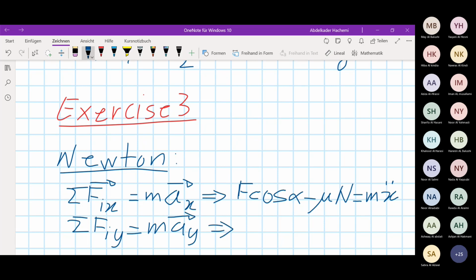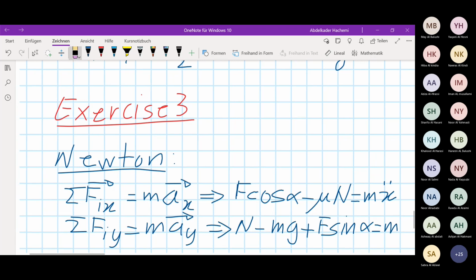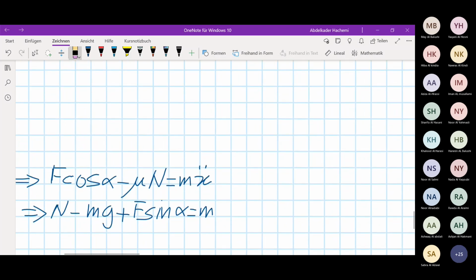Along the y direction we have N minus mg plus F sine alpha equal to the mass multiplied by y dot dot.